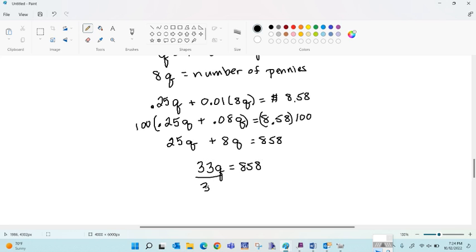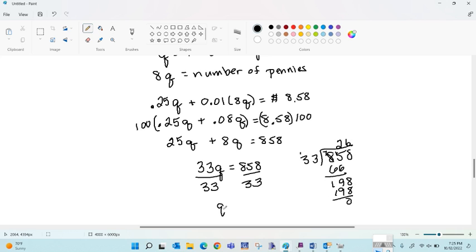We divide by 33. 858 divided by 33 gives us 26.